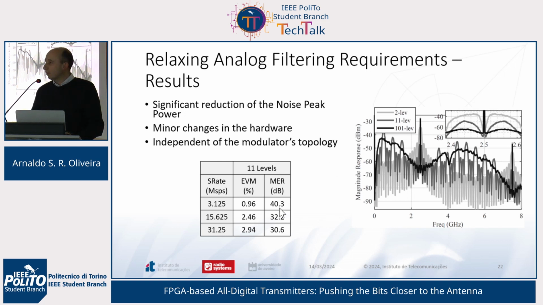For 11 levels, it is in the middle, with values in between. For these sample rates, 3, 15, and 31 samples, the EVMs of the QAM signal we obtain are very reasonable, considering that we are outputting a digital signal from the FPGA without any DAC.